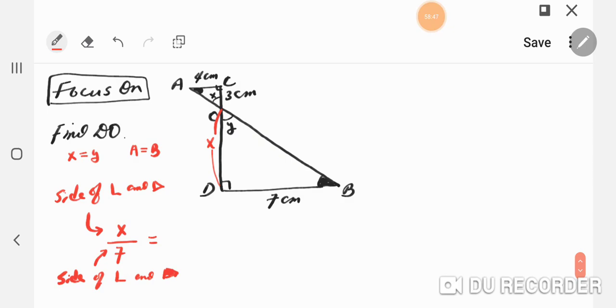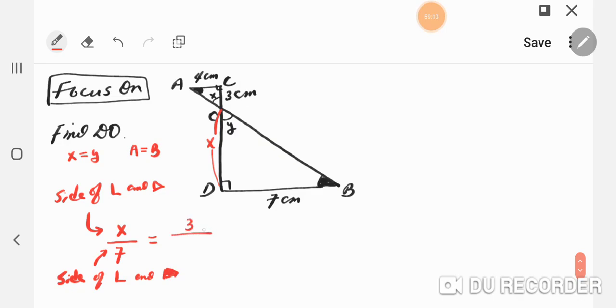So from the larger triangle, we will write a proportion of OD and DB. So that should be equal to, from the smaller triangle, the corresponding parts of OD is CO, isn't it?